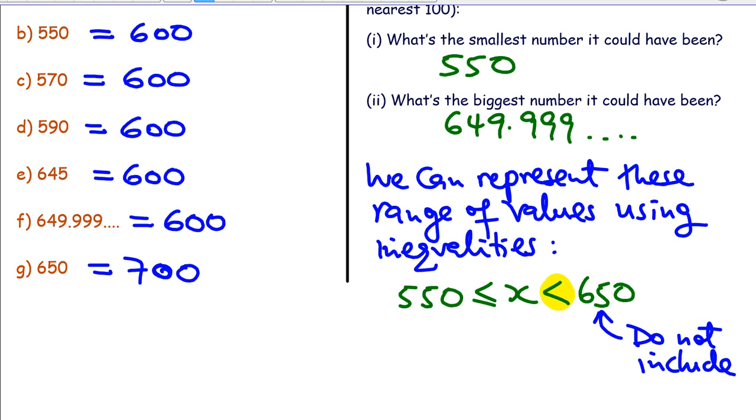All right? And then this one here means that this number will be inclusive, so do include 550 in that range of values that round off to 600, but do not include 650.